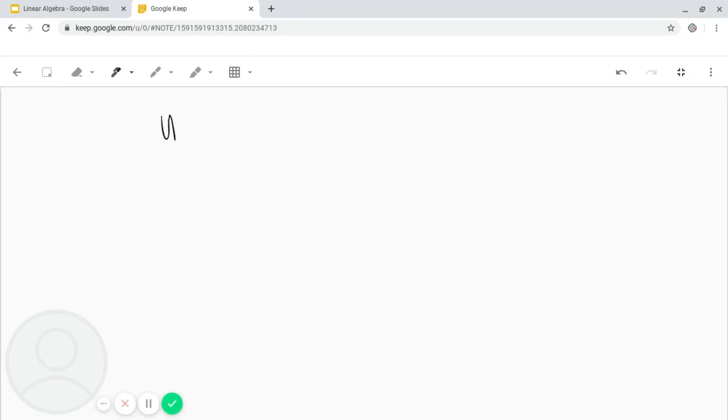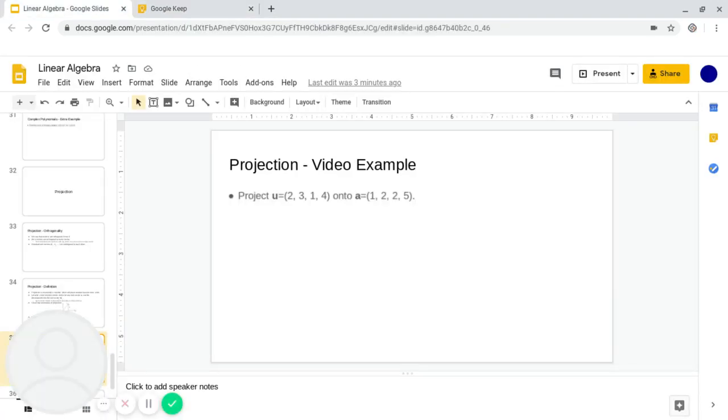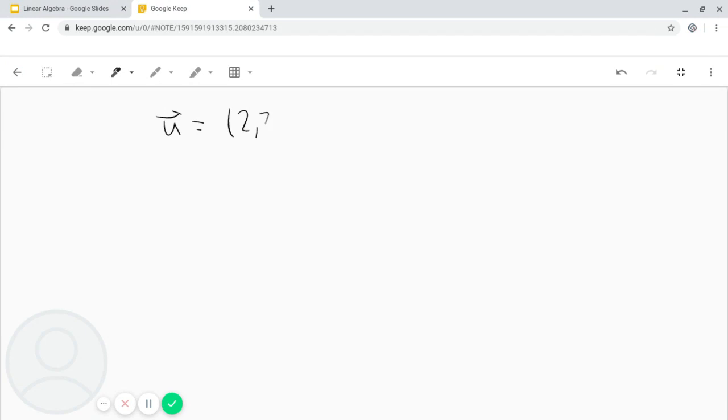So U equals 2, 3, 1, 4, and A equals 1, 2, 2, 5.